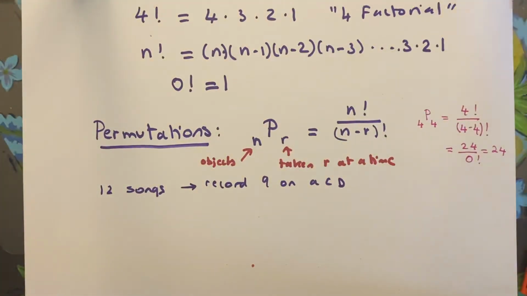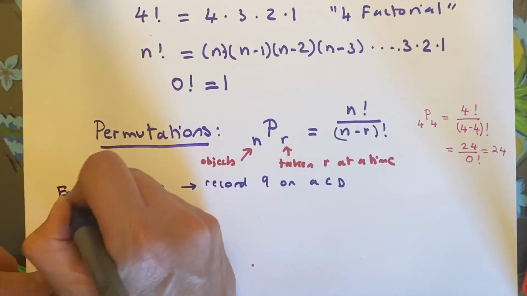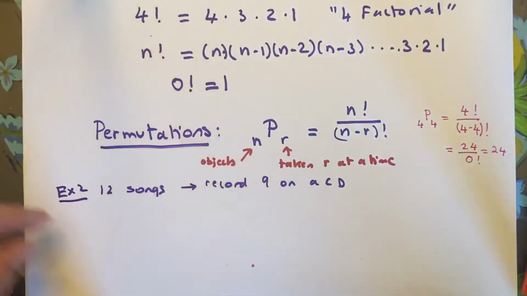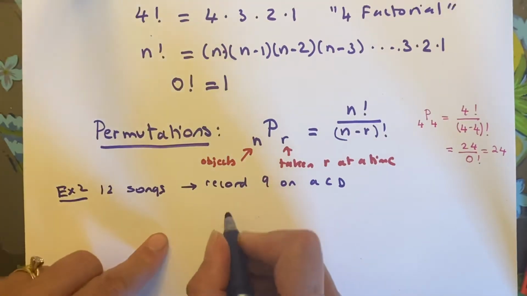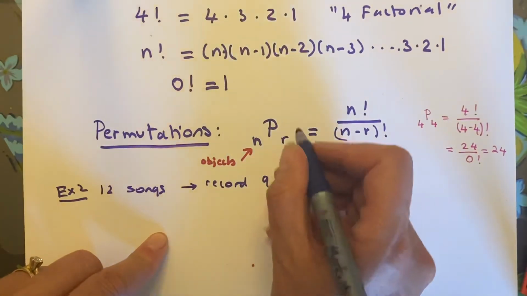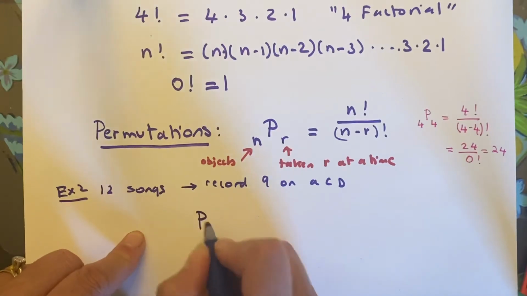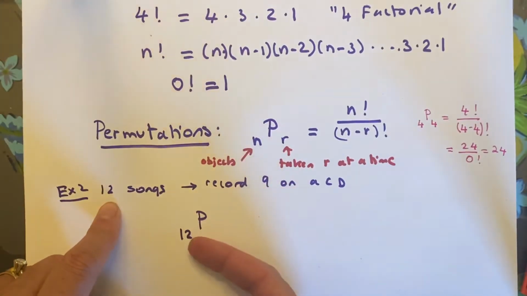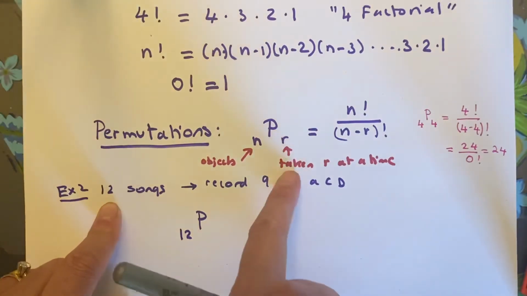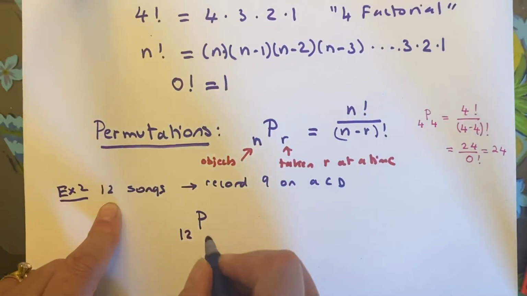And this is, by the way, example 2, if you want to look at it later in the book. In how many ways can you arrange these songs on a CD if you're picking 9 at a time? So I'm just going to use my equation, P, and I have 12 songs. These objects are currently songs, and I'm recording 9, taking r at a time, so 9.